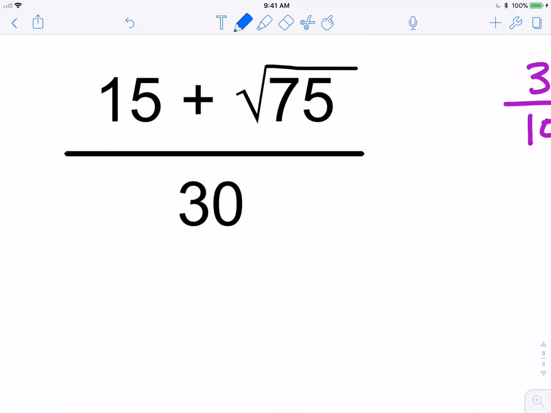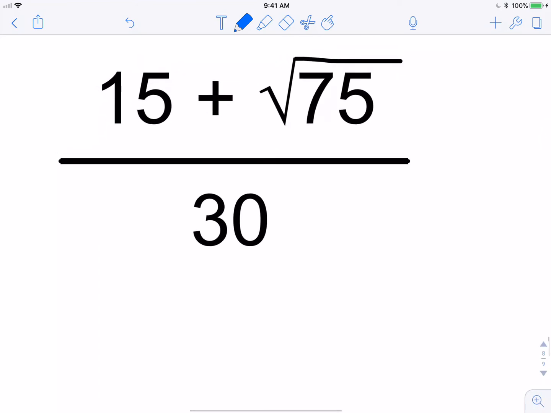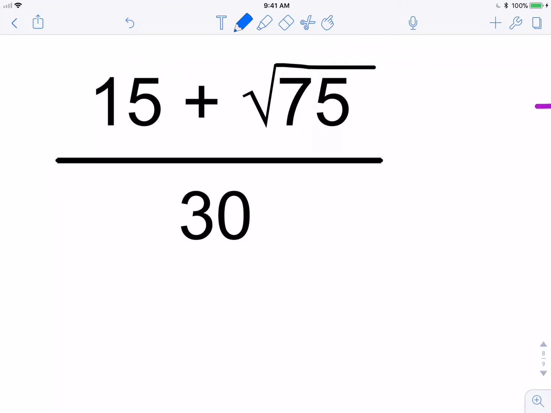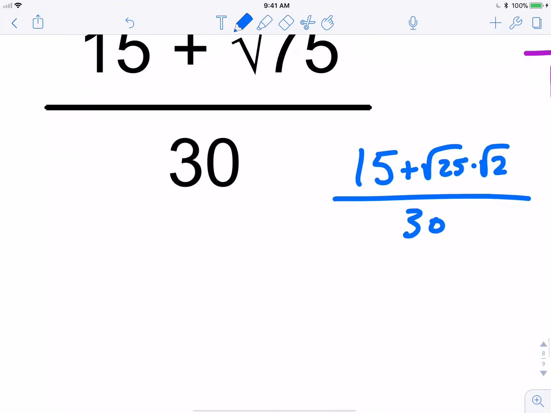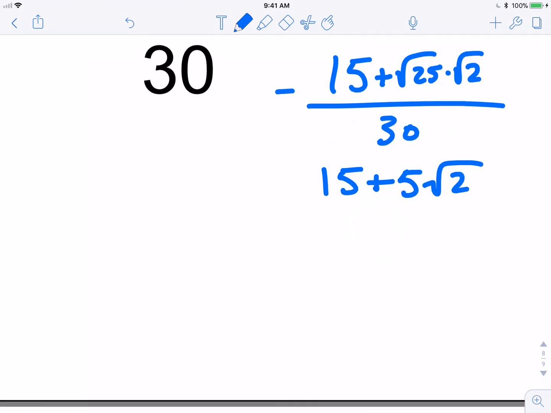Okay, and just another example. So this one we're going to be able to do something. I'm going to start with the 75. I'm going to pull out a 25. I'm going to skip to each one having its own radical. 25 goes in twice. Okay, radical 25 becomes 5. Make a little heart, since you love to do these.